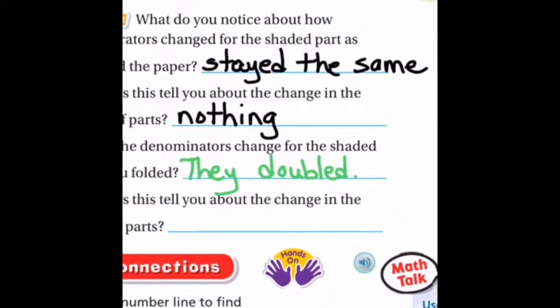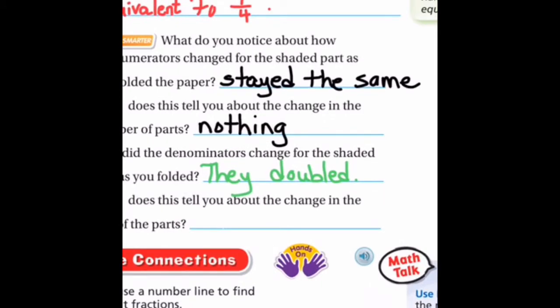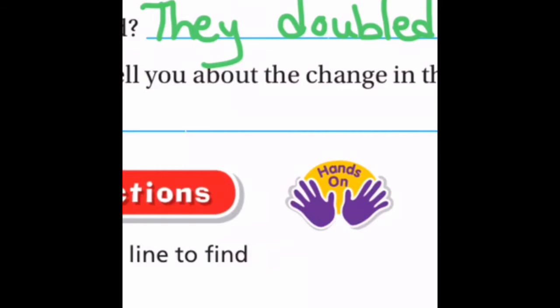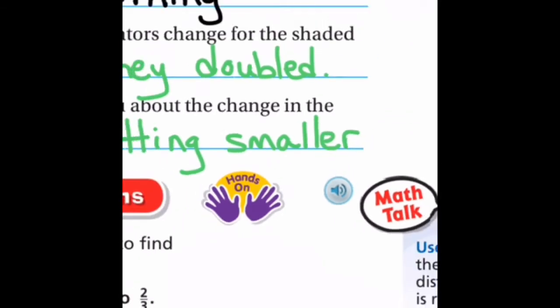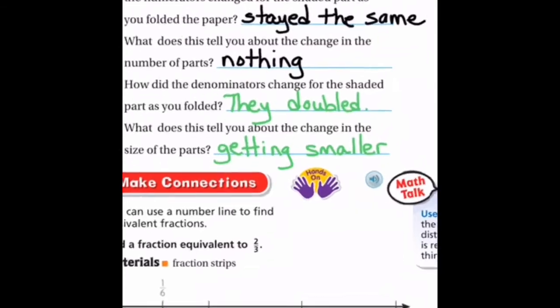All right? And then the next question is, what does this tell us about the change in the size of the parts? Okay, they're getting smaller. Remember, the more parts we have, the smaller they get. If we have 2 parts, they are going to be bigger than 8 parts.